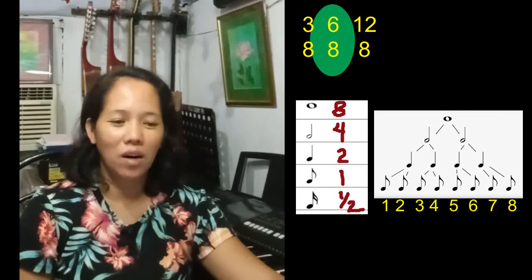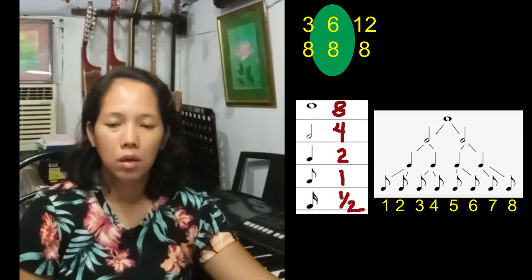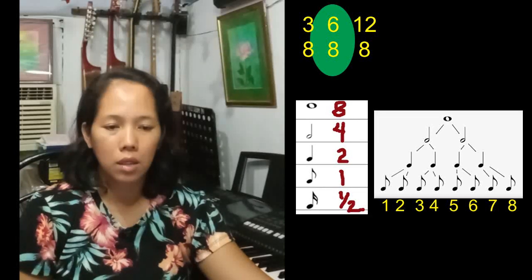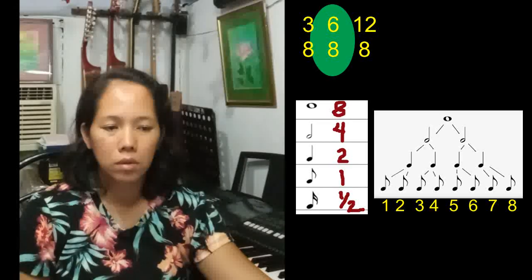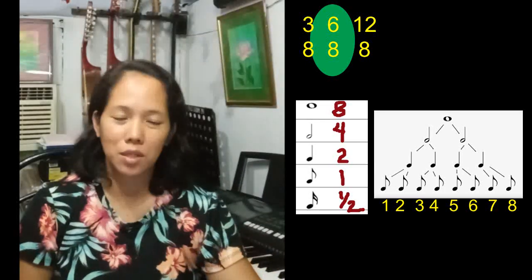Okay? Now, so how did we come up with these 4 counts of the half note? Inside this are two quarter notes, and for each quarter note you have 2 8th notes. So, this can be explained and proven with factorization.